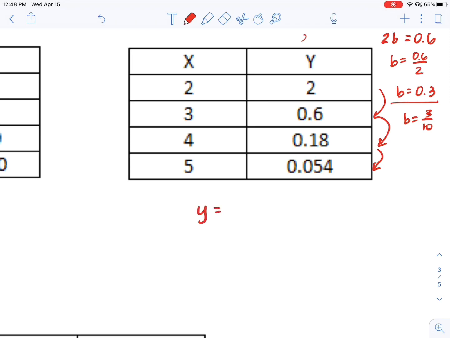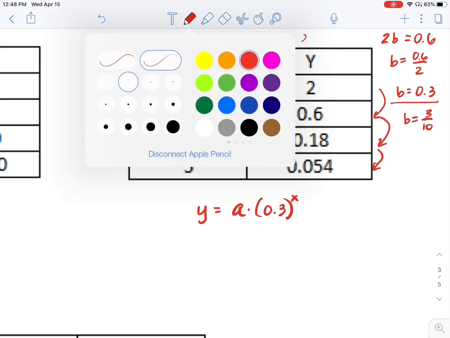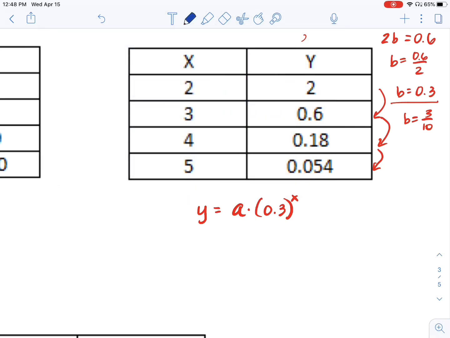So we still have some information, a times 0.3 to the x, but I need to figure out what the a is. And we've done problems like this before where I don't know what the a value is, so what do I do? I pick any of these points, substitute in, and solve for a.